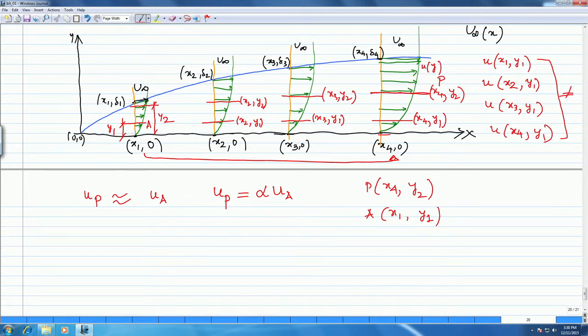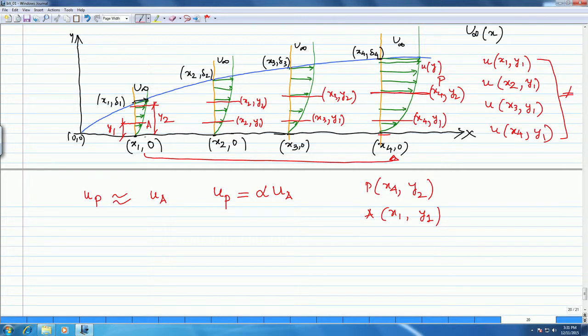This is exactly the same picture as at x1, except that the numbers at locations y1, y2, etc. are different, because the velocity at the same value of y1 but at x4 will be different.